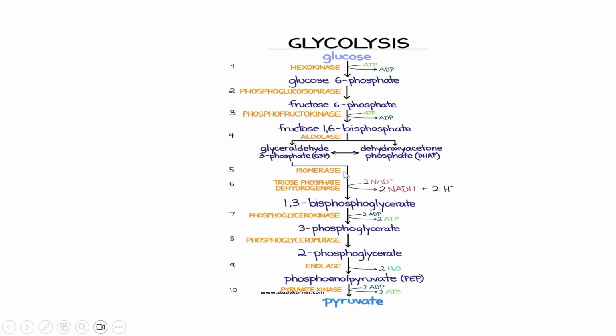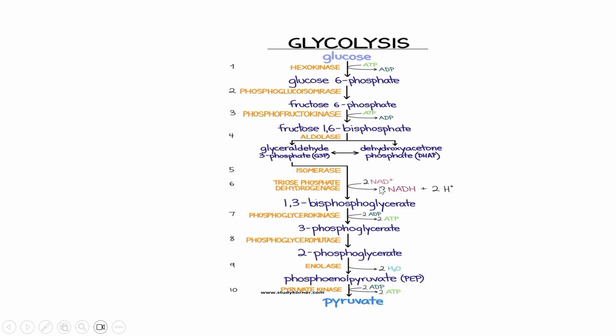So glyceraldehyde 3-phosphate will undergo, as we said earlier, oxidation to form 1,3-bisphosphoglycerate. Mind you here, it's oxidation, but we introduce a new phosphate group. That's why we get 1,3-bisphosphoglycerate.